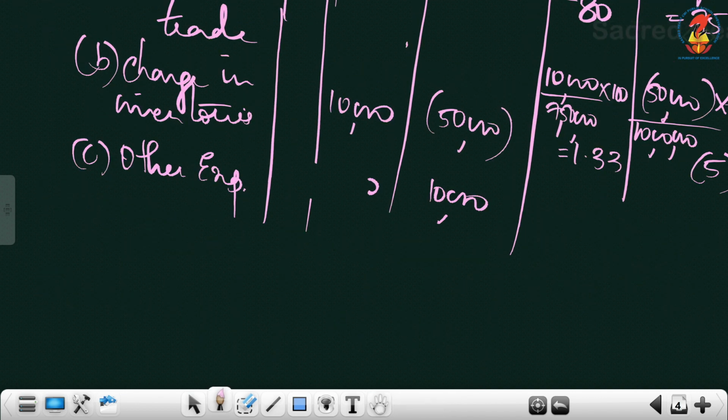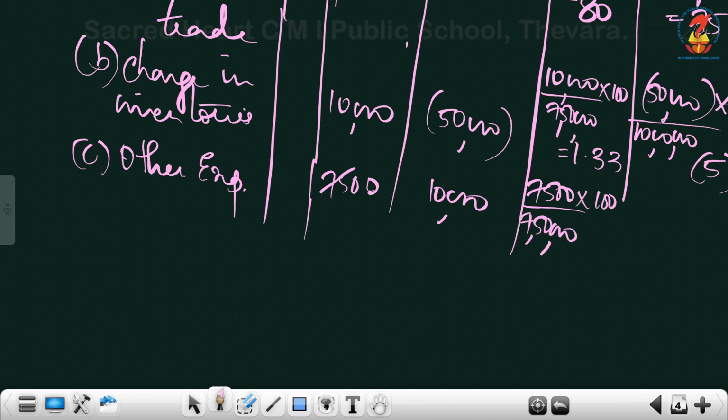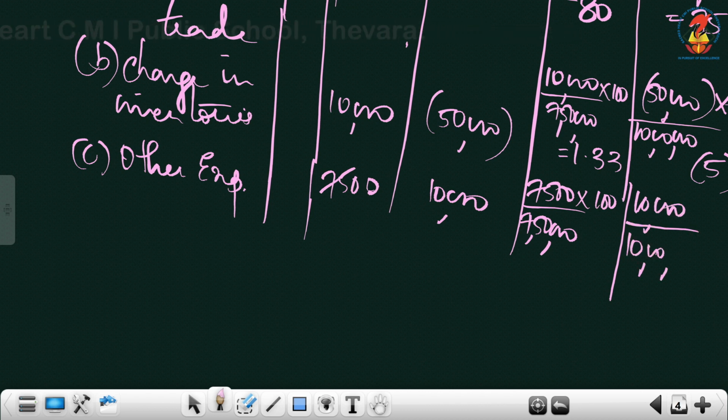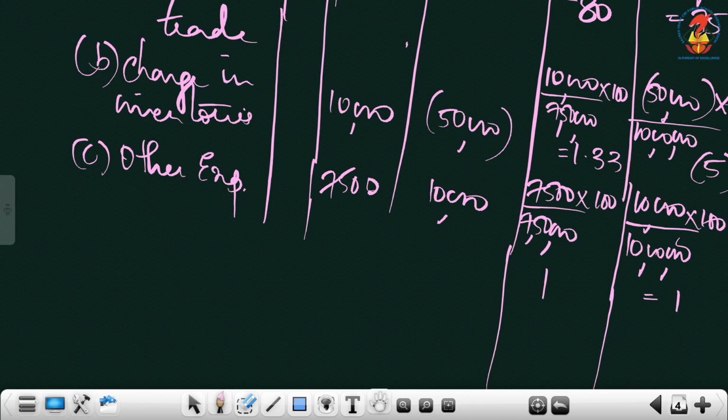Other expenses, what was the figure here? 7,500. And 1% each. So now we got the expenses.